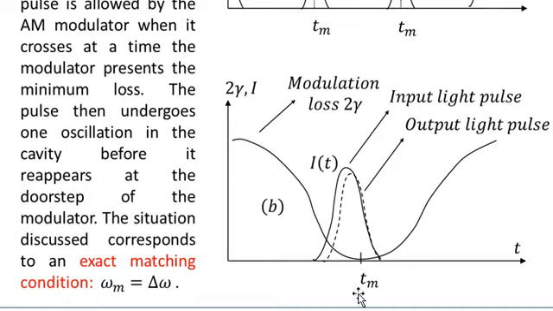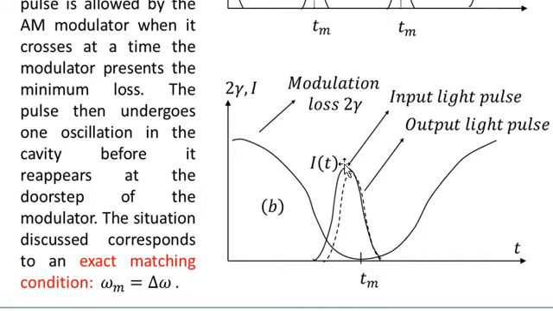You see that this Tm time corresponds to the minimum value of the loss in the modulator. And you know that these two pulses are slightly behind the Tm time. So when the modulator is going to its minimum condition, the solid pulse which occurred at the modulator is slightly behind the modulator time Tm.